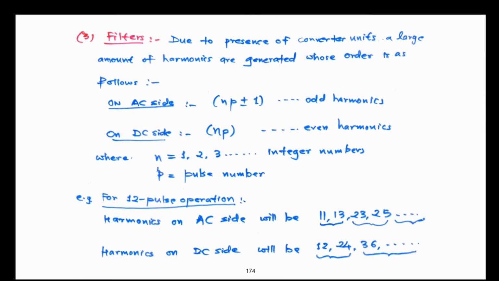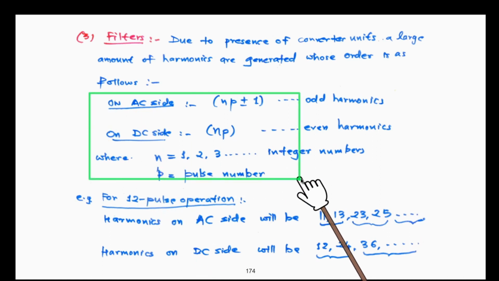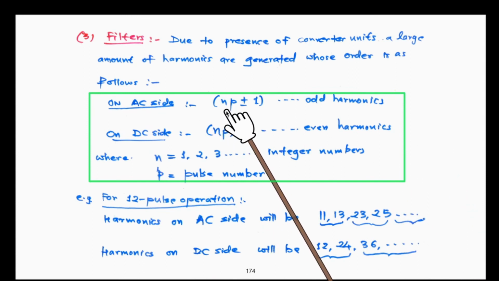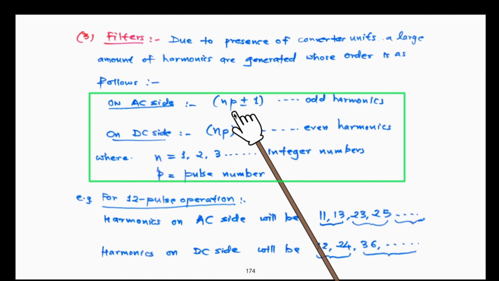Next, a very important aspect that comes into the picture is filters. I told you the major portion, filters, right? Now, due to the presence of the converter unit, a large amount of harmonics are generated. What order of harmonics are produced? Very important, you have to realize that the order of harmonics produced on the AC side is NP plus minus 1, where N is an integer and P is the pulse number.